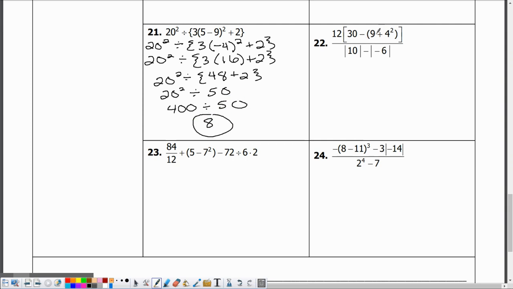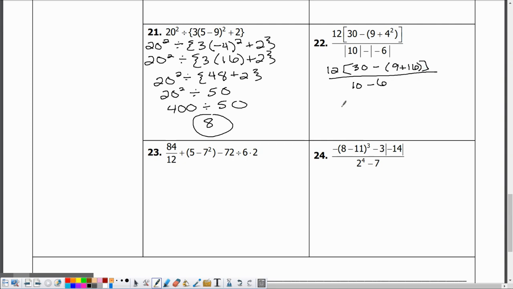Okay, so for 22, same idea, grouping before you do the bigger grouping. So we have 12 and then our bracket, and we have 30 minus 4 squared is 16. And then all divided, the absolute value of 10 is 10, minus the absolute value of -6 is 6.